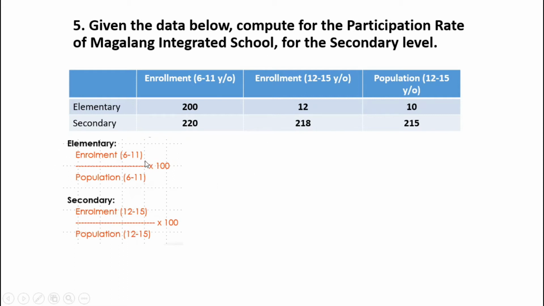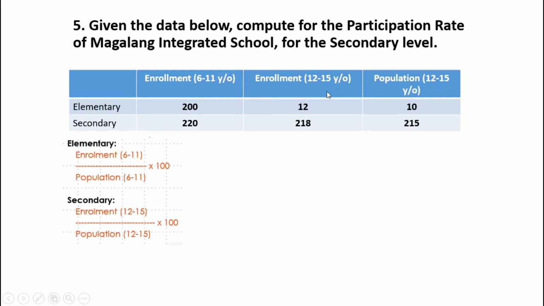So, sa elementary po, meron din tayong formula. Sinilagay ko rin. Enrollment is 6 to 11 over population of ages 6 to 11. And for the secondary level, it's enrollment is 12 to 15 and population of 12 to 15 times 100. So, if you will be looking into the table, look for the enrollment of ages 12 to 15.